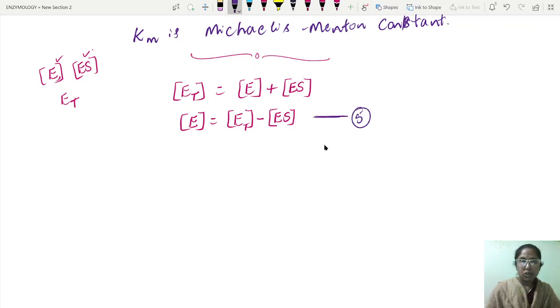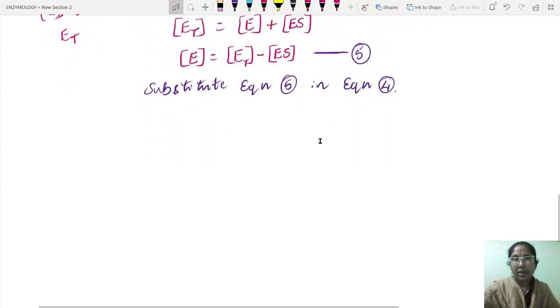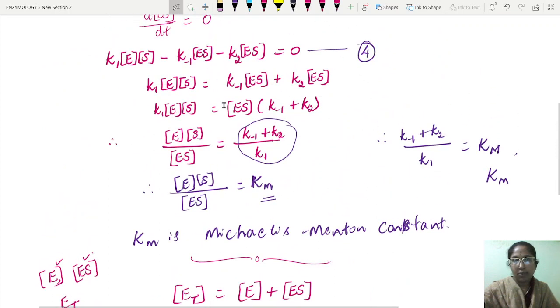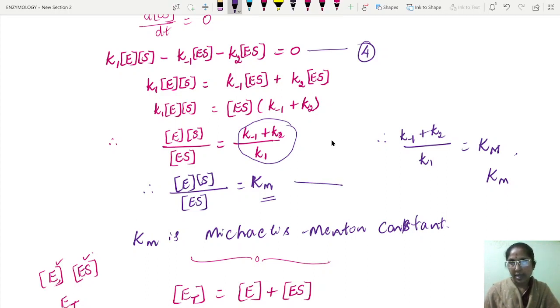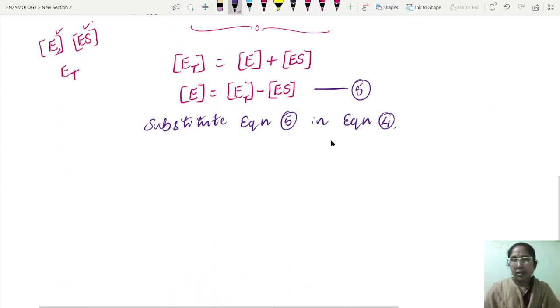So if we substitute equation 5 in equation 4, let us call equation 5 as equation 6.